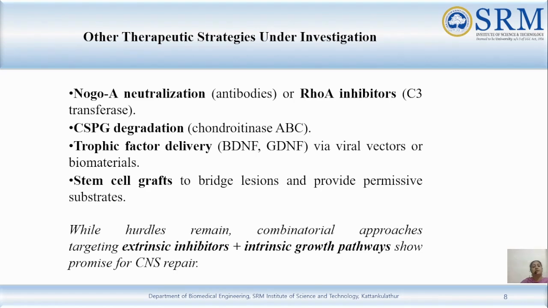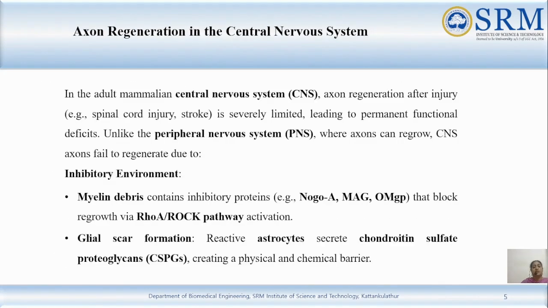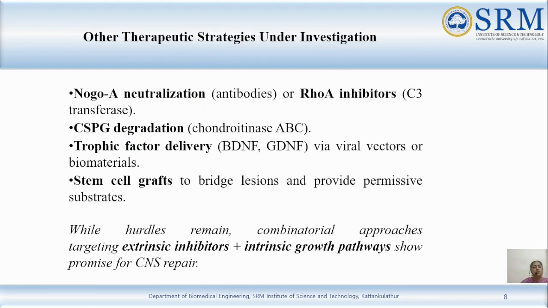Other therapeutic strategies that are under investigation are the neutralization of NOGO-A. Here we saw that NOGO-A is causing the inhibition of axonal growth. If we neutralize NOGO-A using certain monoclonal antibodies, or we can even use RHO-A inhibitors, so we can use specific molecules like C3 transferase, this can help in neuronal regeneration.